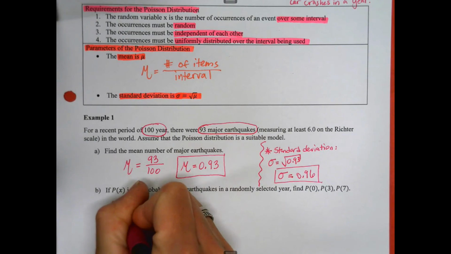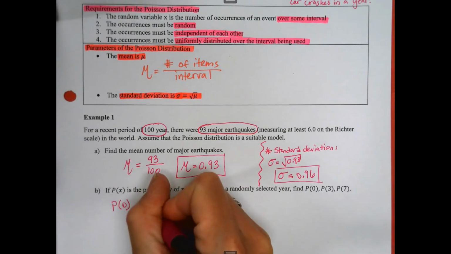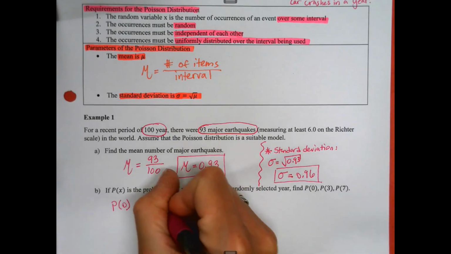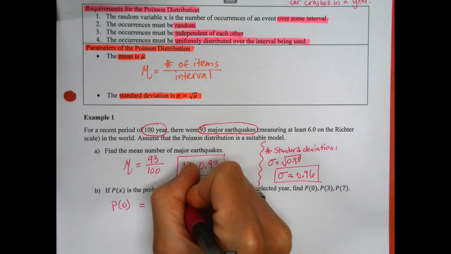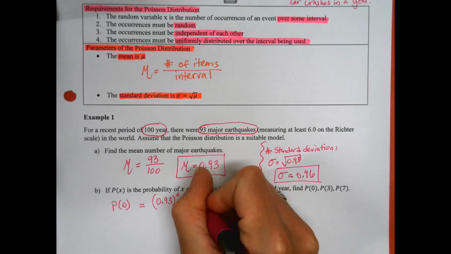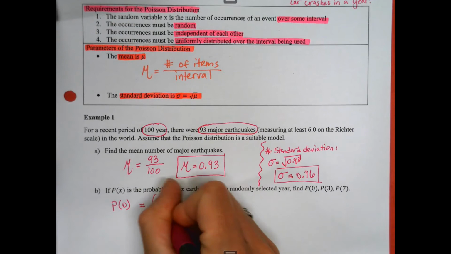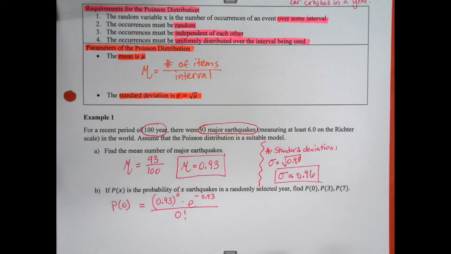The probability of 0 earthquakes is going to be equal to our mean, which we found in part A to be 0.93, to the power of x, here our x is 0, times e to the power of negative 0.93, or negative of the mean, divided by our x value factorial.